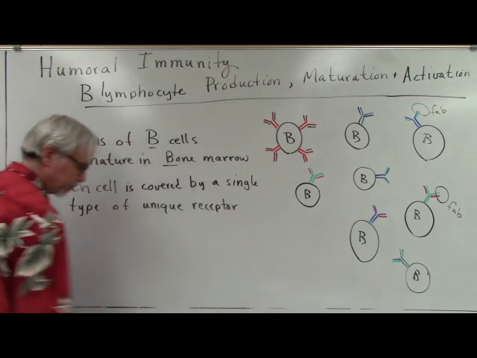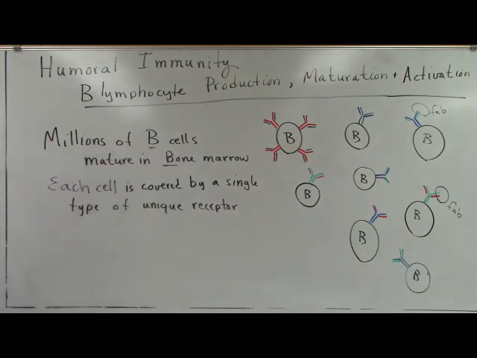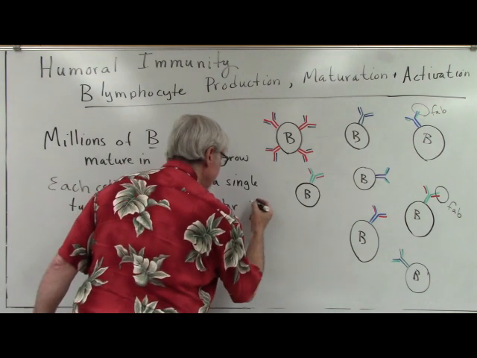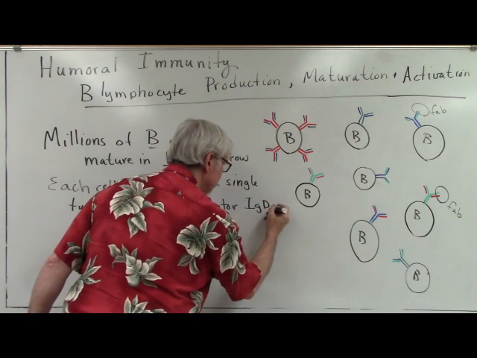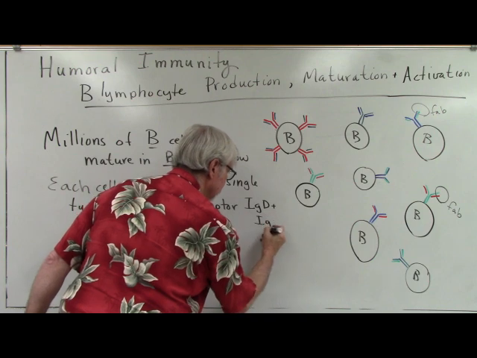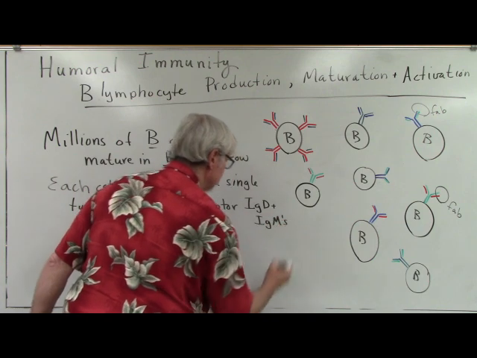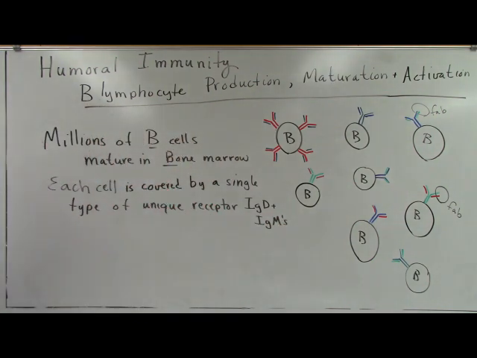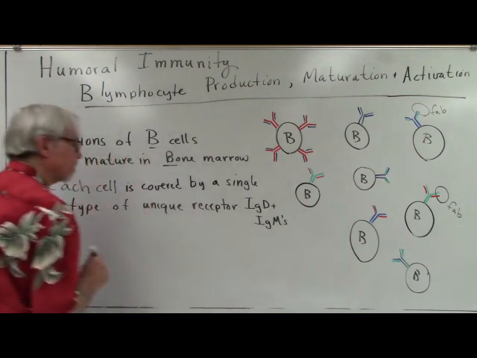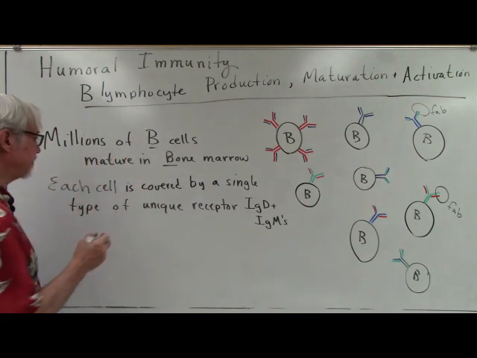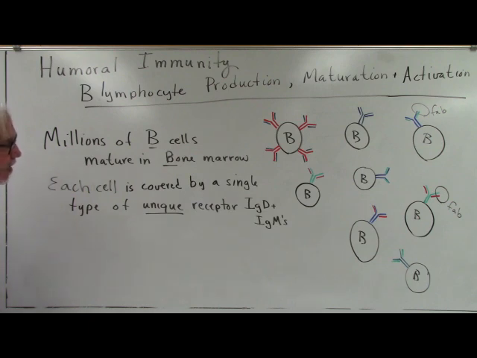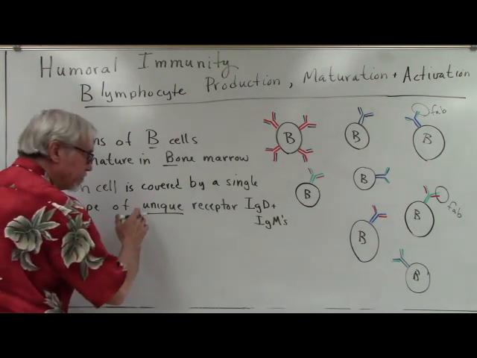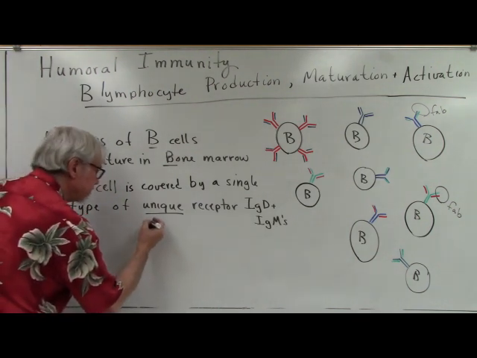And you know from our previous lecture that these are going to be IgDs and IgMs. And of course, what makes them unique is going to be the antigen binding fragment, the FAB.